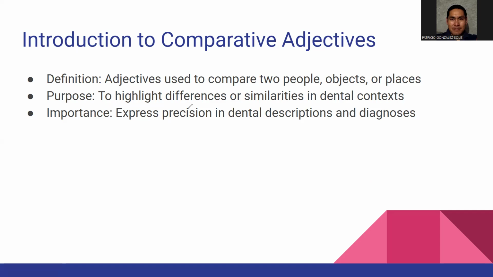So let me underline differences or similarities. It's possible with comparative adjectives, right? And explicitly to people, objects, places, and other things, or implicitly.